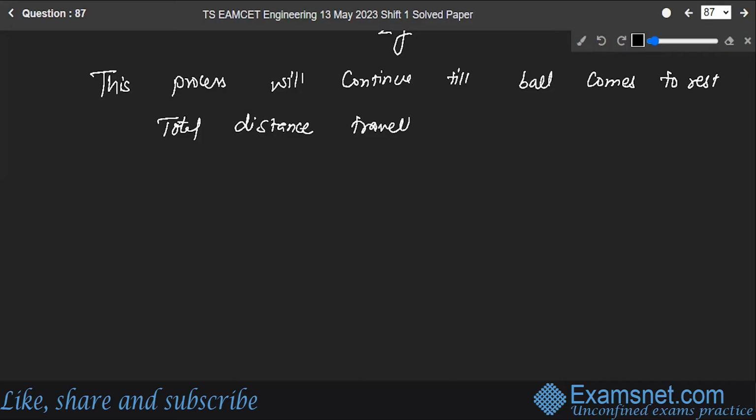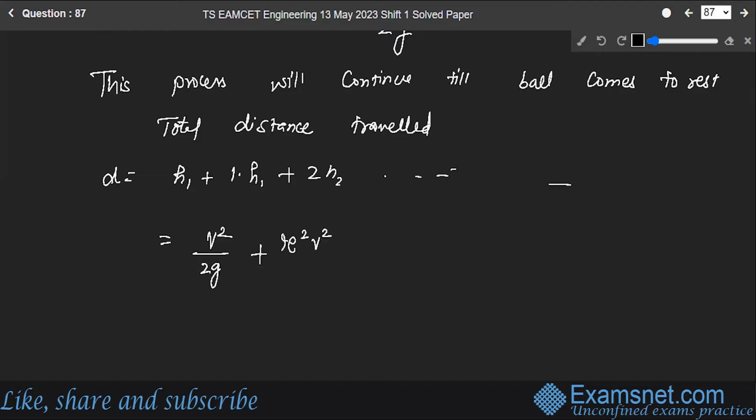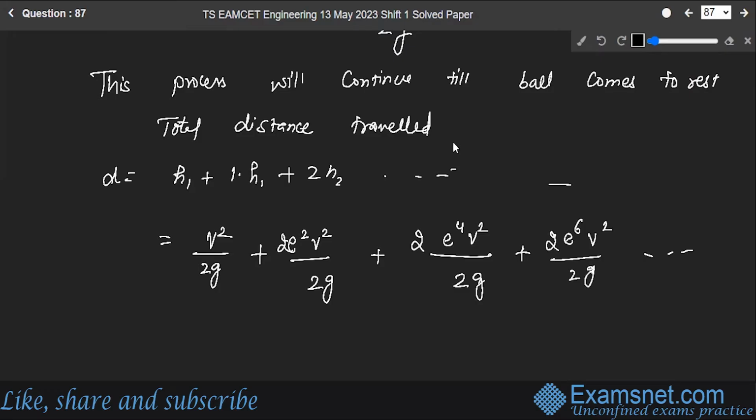So the total distance traveled, let's say d, is equal to h plus 2h1, plus 2h2, and so on. This is equal to v square upon 2g plus 2 e square v square upon 2g plus 2 e power 4 v square upon 2g plus 2 e power 6 v square upon 2g, and so on.